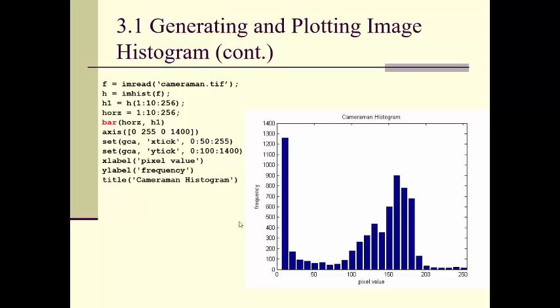Actually, it doesn't appear clearly here, because I need to put some ticks between these values. Here I can specify the distance between one tick and the next one. Here it is 50, but here it is 100. Then after that, I can give the X label, the Y label, and a general title for the plot.